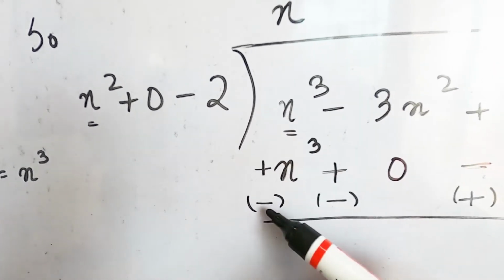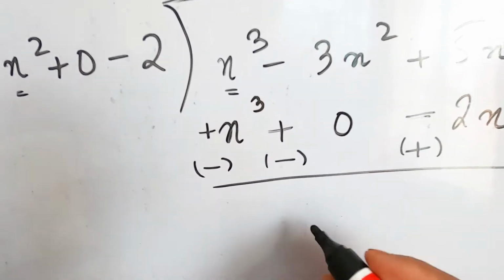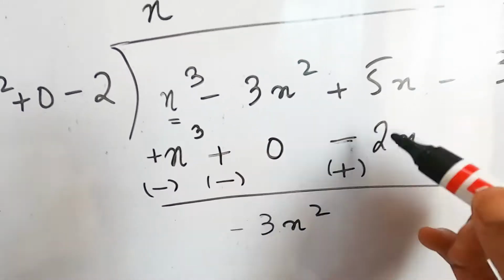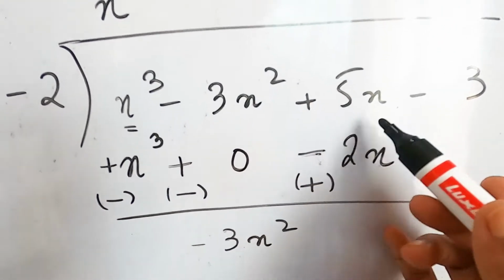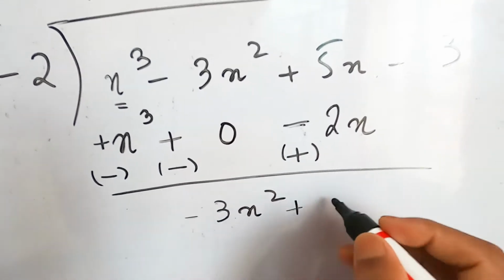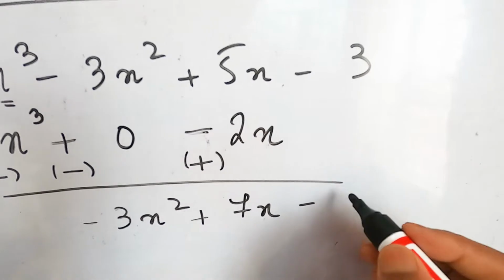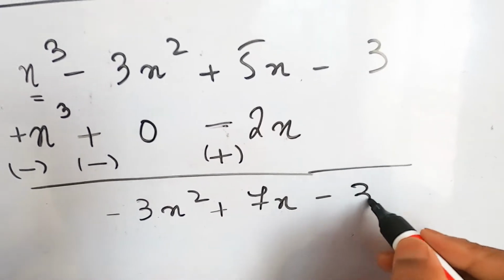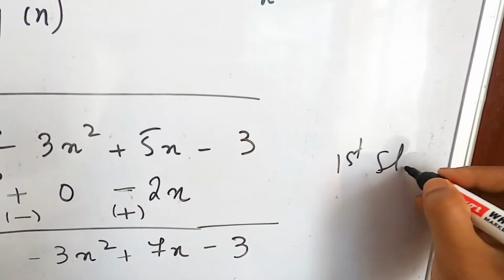So x cubed minus x cubed will be 0, minus 3x squared minus 0 will be minus 3x squared, and plus 5x plus 2x will be plus 7x. Bring down the rest of the term, which will be minus 3. So this is your first step.